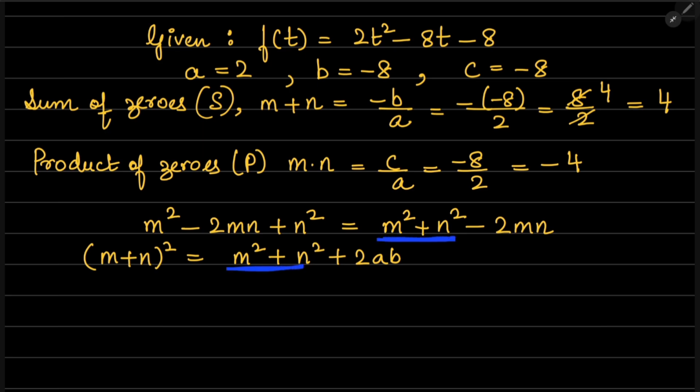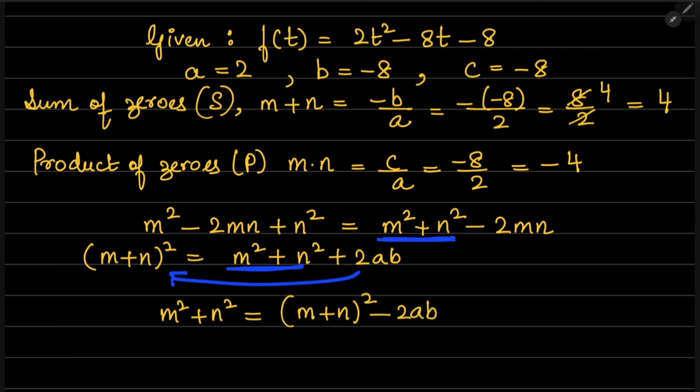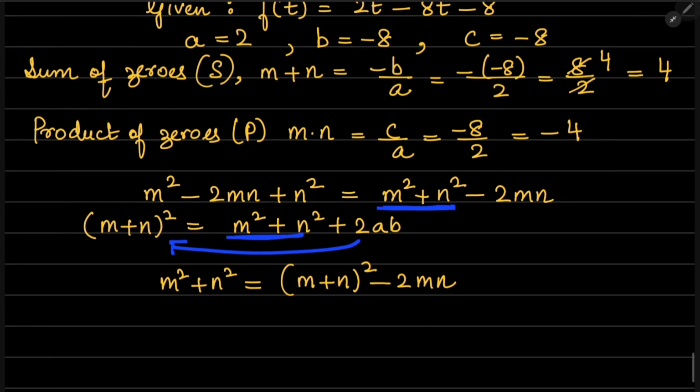So m square plus n square will be equal to m plus n the whole square minus 2mn, as the 2mn goes to the other side. Now let this be 1 and let this be 2.